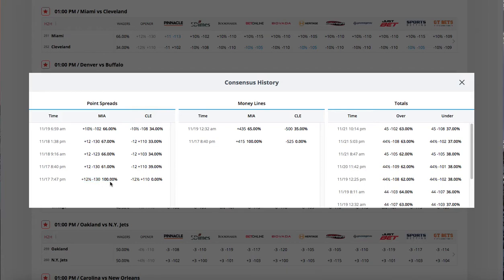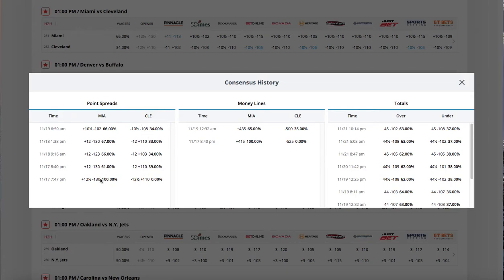So if the majority of the wagers and money is on Miami, what does that mean? That means this line is going to be less favorable. Why is that? Well, if the money's on Miami, the sportsbook needs to make the other side more attractive so they can get more money on Cleveland.